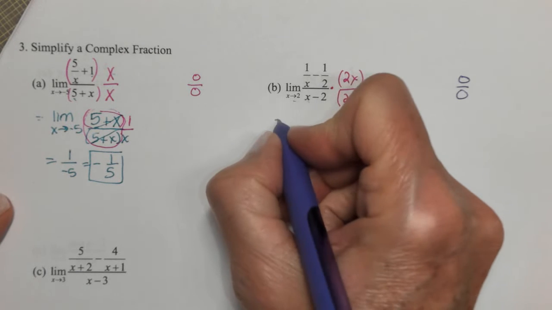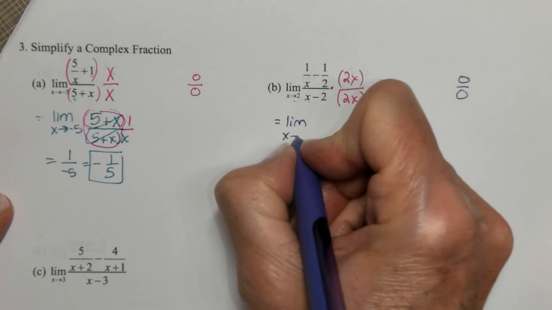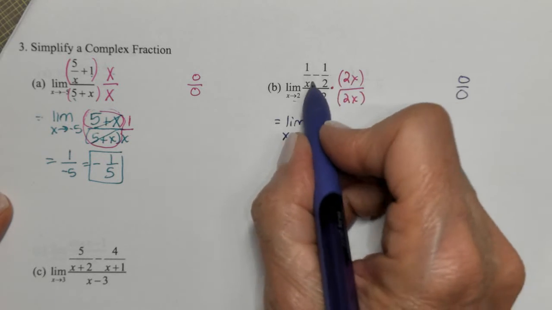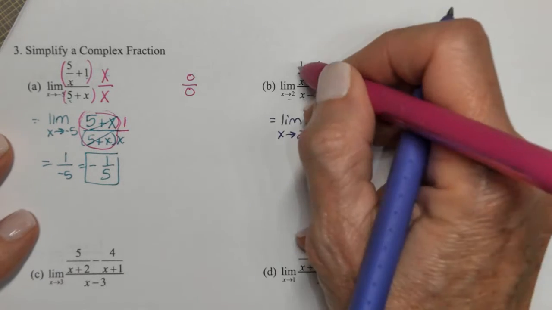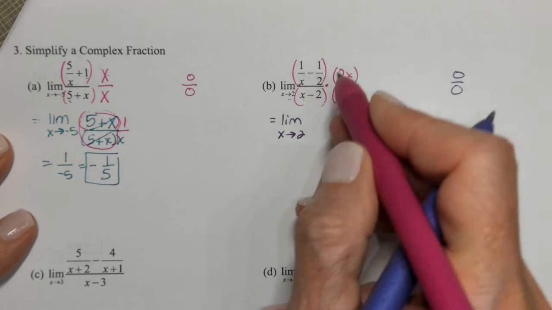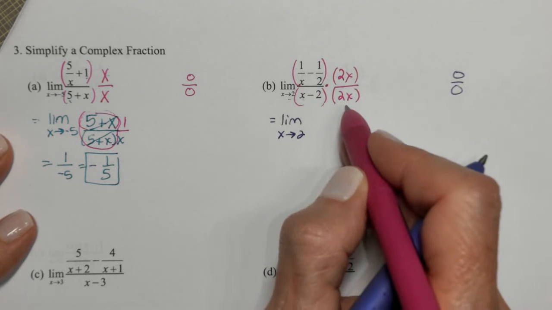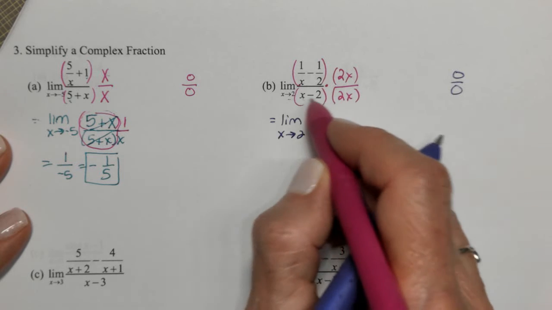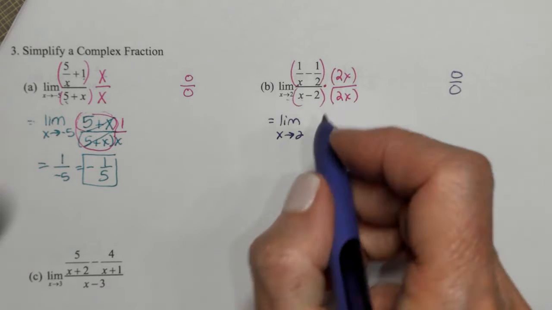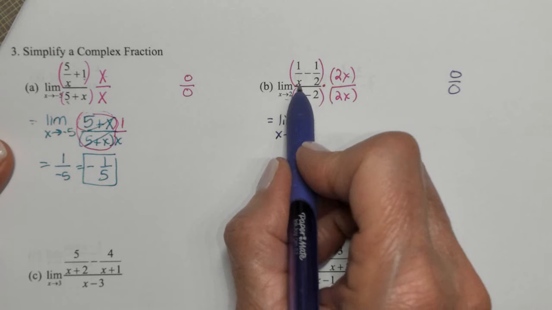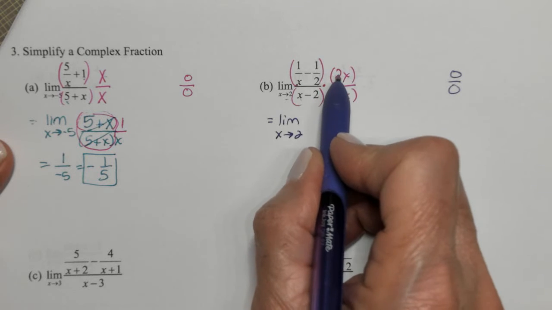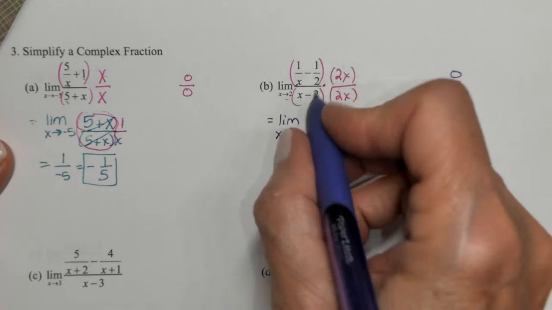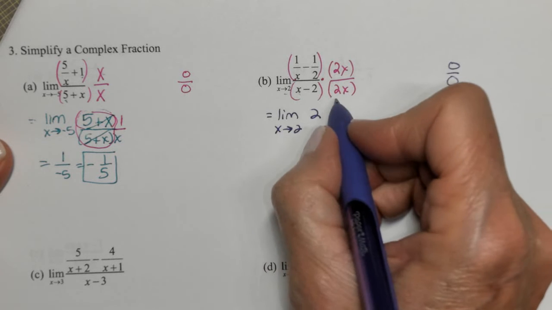So I have limit as x goes to 2. Okay, distribute this 2x to each term in the numerator, but don't distribute it in the denominator because nothing's going to cancel. Just leave it split up, okay? So 2x times 1 over x. The x's will cancel. I'm left with 2 times the 1, which is just 2.